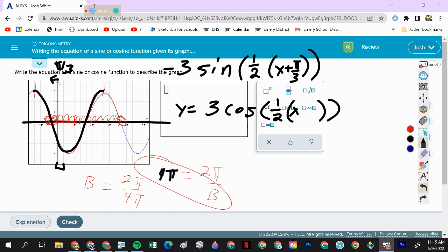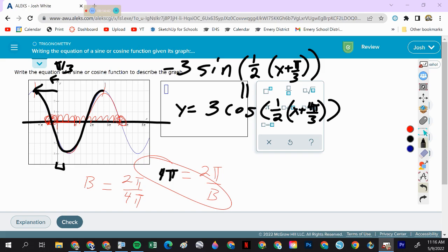And how far is it from there to there? 4 lines. And each line is pi over 3. So we're going to add 4 pi over 3. Those two formulas are equivalent. -3 sine of all of that is exactly the same as the 3 cosine of that.